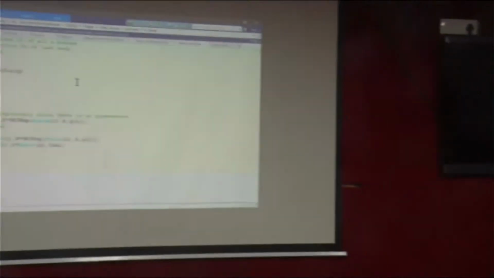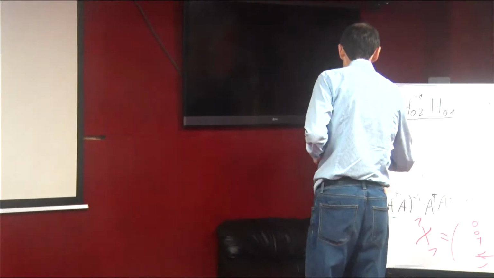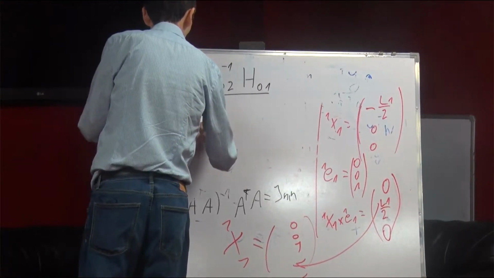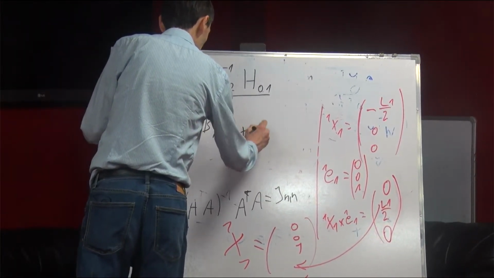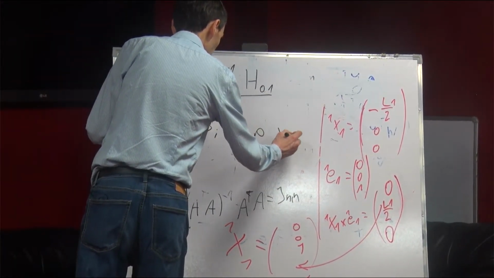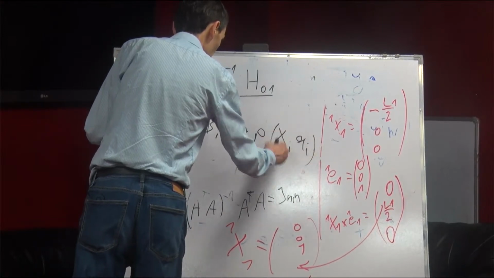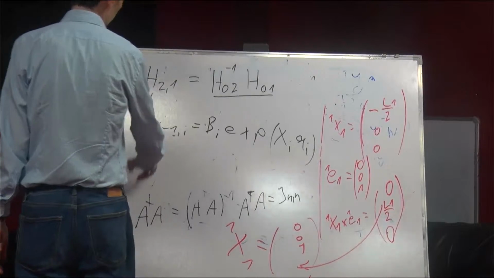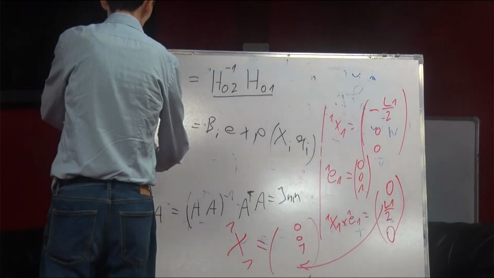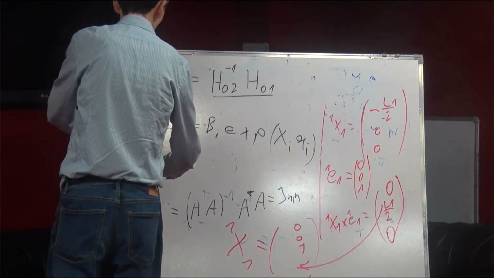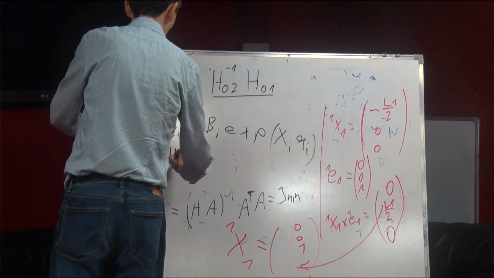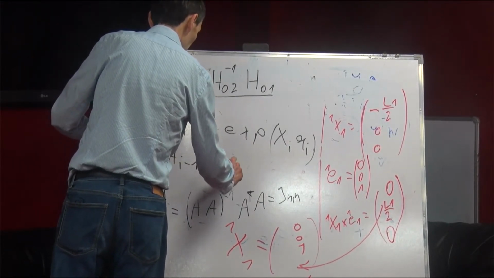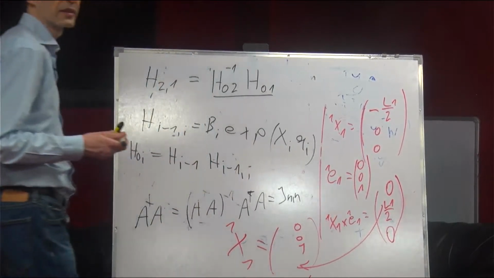That's actually the relative configuration of I minus 1, I, is Bi times the exponential of capital Xi qi. Okay, that's what we said. This is relative, I relative to I minus 1. And of course, we get Hi, if you want to say H0i, by saying this is Hi minus 1 times Hi minus 1, i, right?